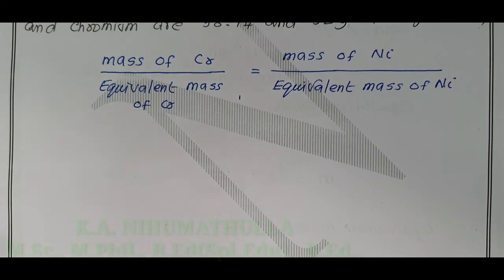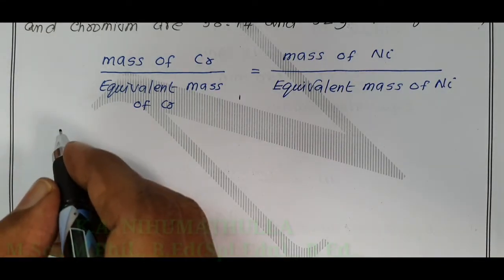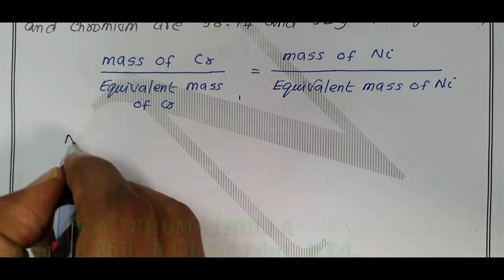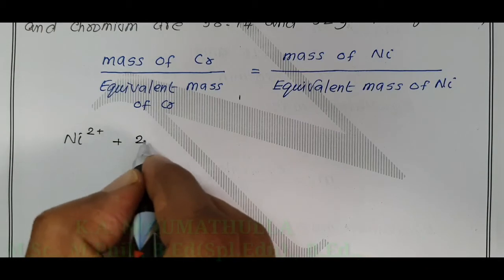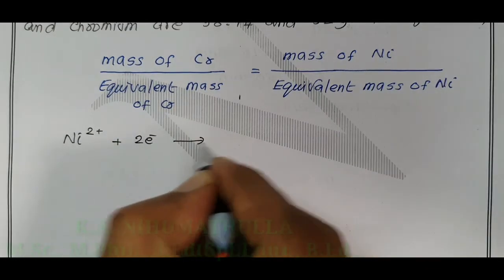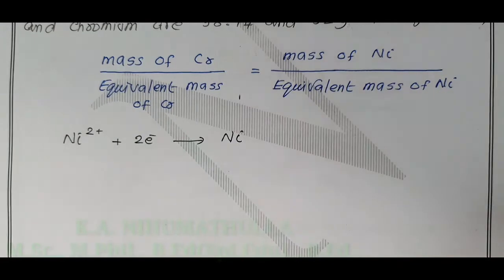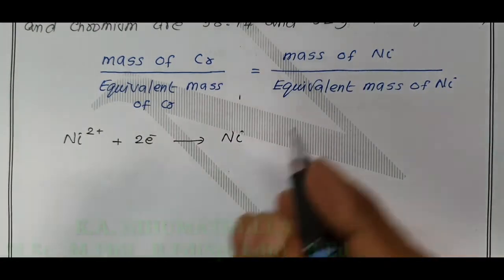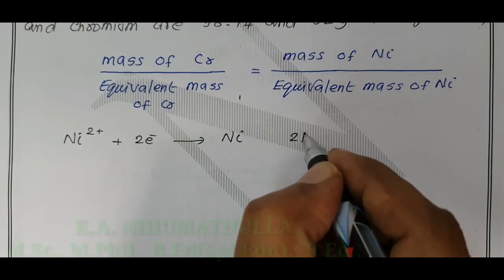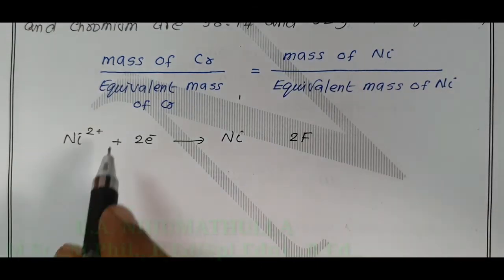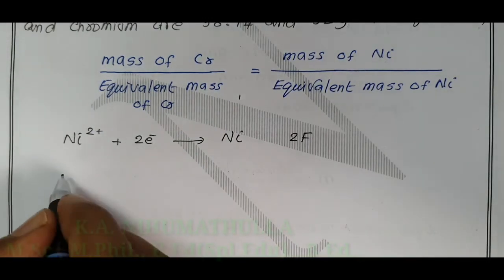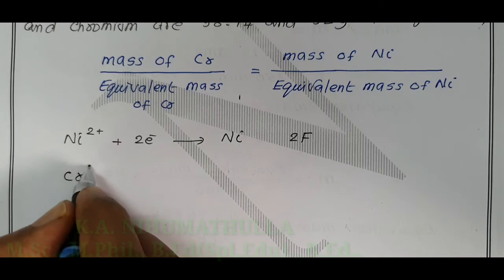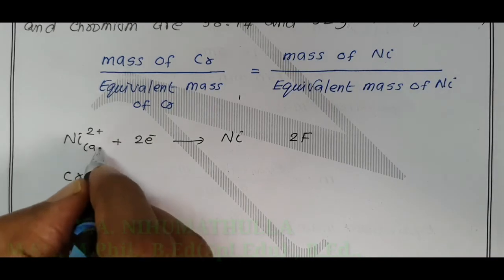Now write the reduction reaction. In nickel nitrate, nickel is in 2 plus oxidation state. It gains 2 electrons and is deposited as nickel metal at the electrode. Number of Faraday of current is 2 Faraday. The 2 Faraday current is used to deposit nickel 2 plus into nickel. Chromium is a 3 plus ion in aqueous medium.